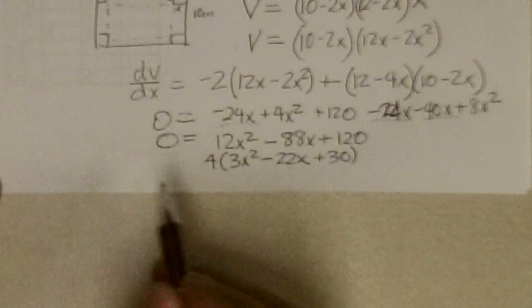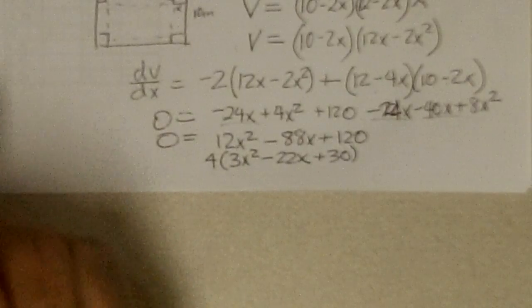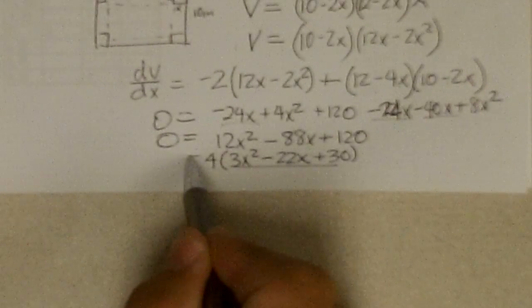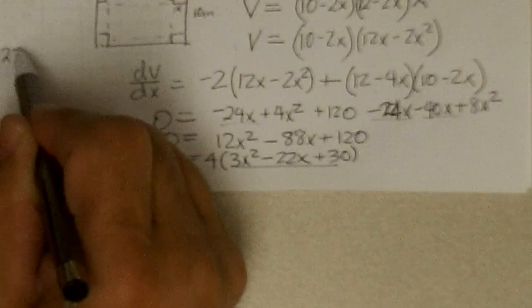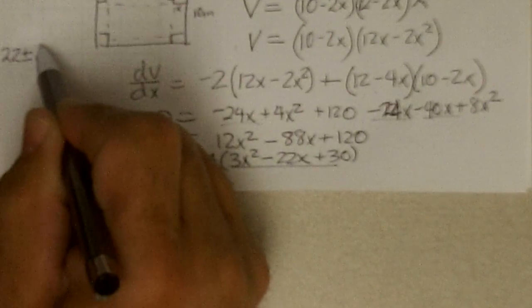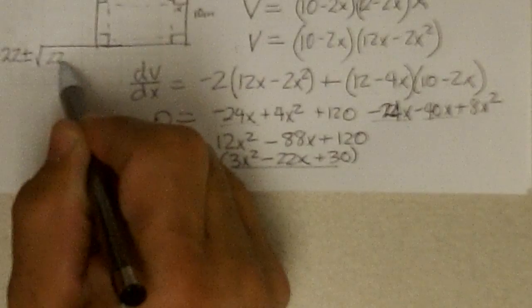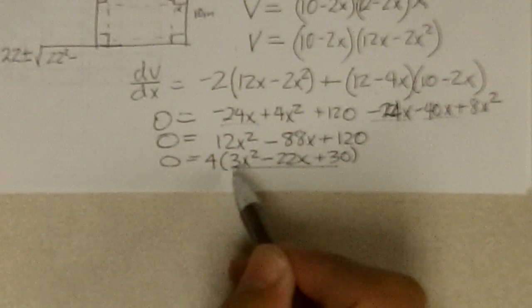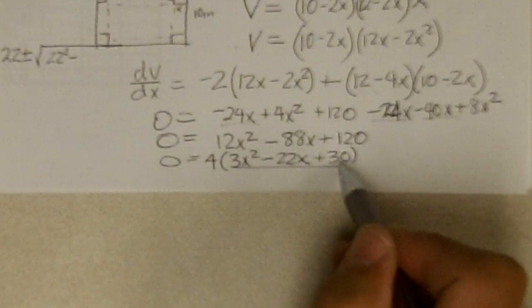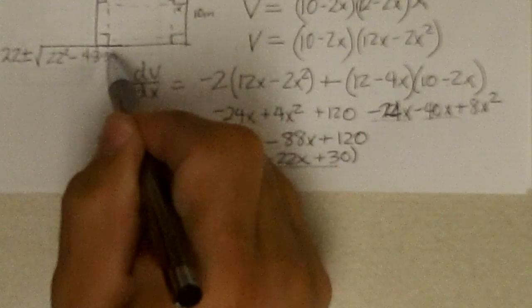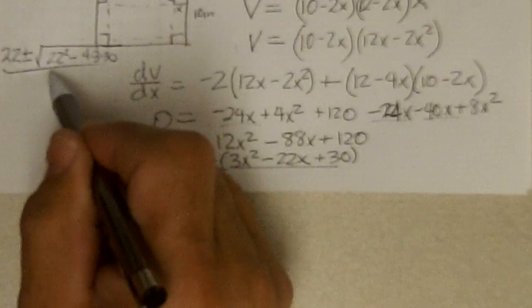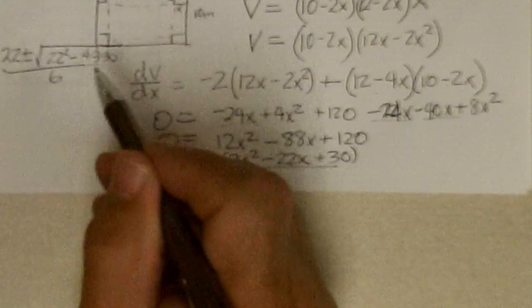So with the quadratic formula, we're setting this equal to 0. So b would be negative 22. So I'd have 22 plus or minus the square root of 22 squared minus 4 times 3 times 30, over 2 times a, which is 6.